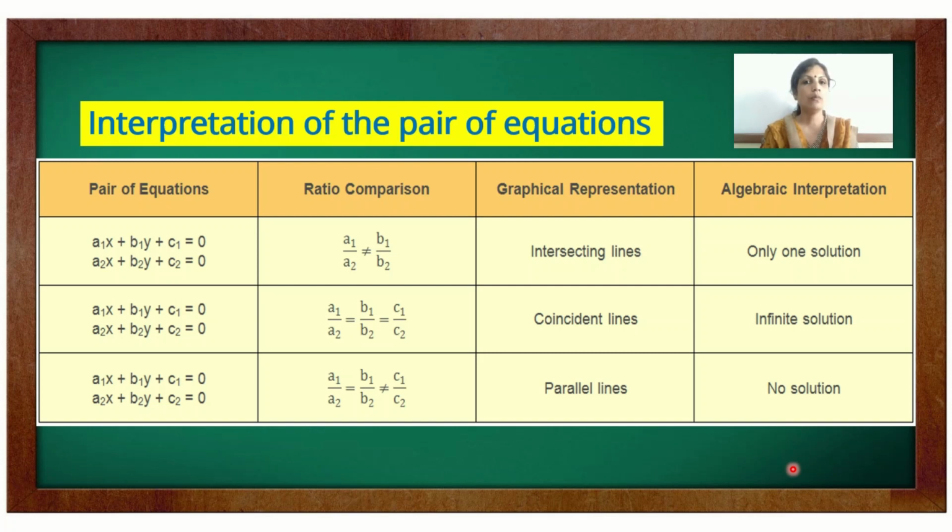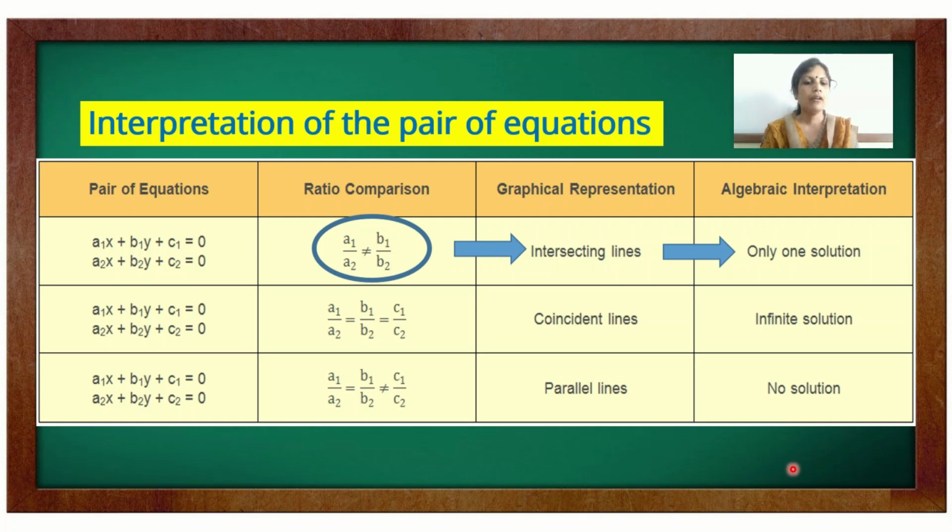Suppose you observe that A1 upon A2 is not equal to B1 upon B2, then you may conclude that the graph of this pair of equations will be intersecting lines. That means it will have one and only one solution. So without drawing a graph, just by looking at the pair of linear equations, we can make out how the graph of these equations will look.